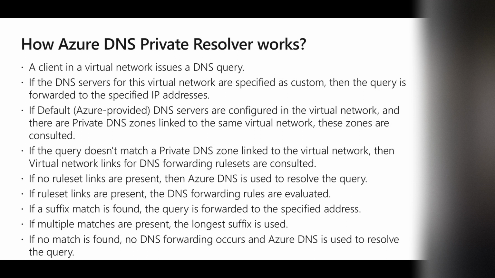If there is a match in that forwarding rule, then it will be sent through the forwarding rule to a custom DNS to get a response back. I'm not going to read this entire thing. This is just a summary to get an idea how the name resolution works with private DNS resolver.